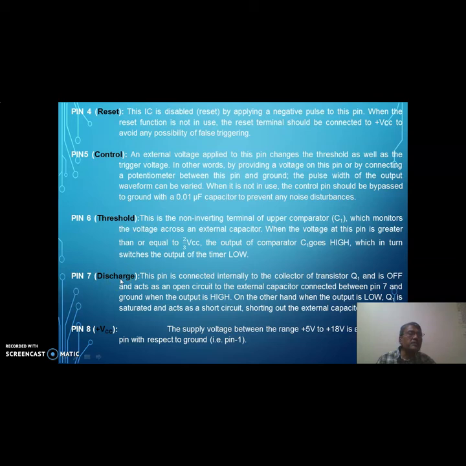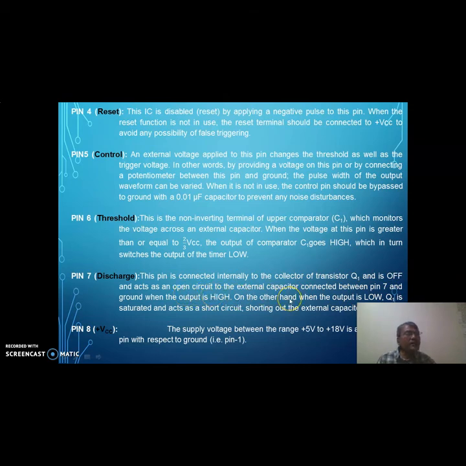Pin number 7 is called the discharge pin. The external capacitor is connected between this pin number 7 and the ground. This pin is internally connected to the collector of transistor Q1, which is off and acts as an open circuit for the external capacitor when the output is high.